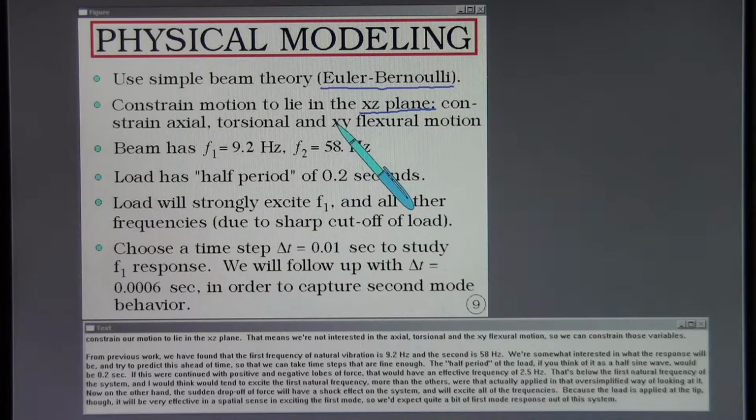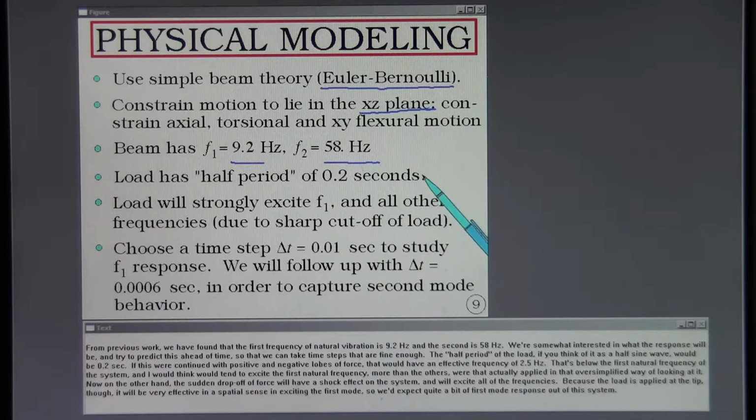From previous work, we have found that the first frequency of natural vibration is 9.2 hertz and the second is 58 hertz. We're somewhat interested in what the response will be and try to predict this ahead of time so that we can take time steps that are fine enough.